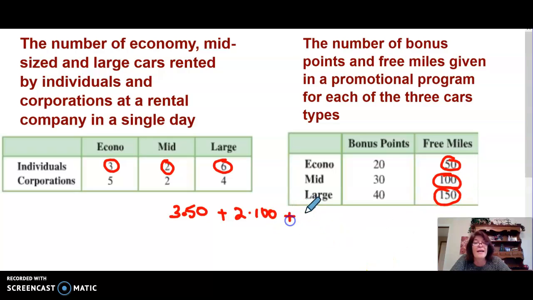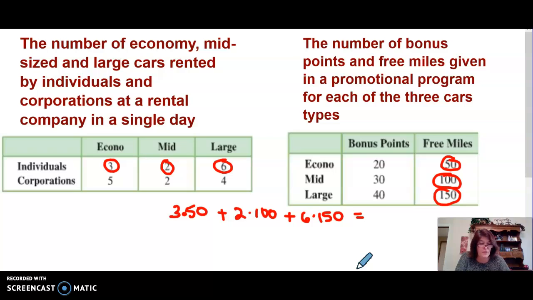So I also have to add to this 6 times 150. Okay, do you see that? That will be the answer to the question, the total number of free miles given to individuals.